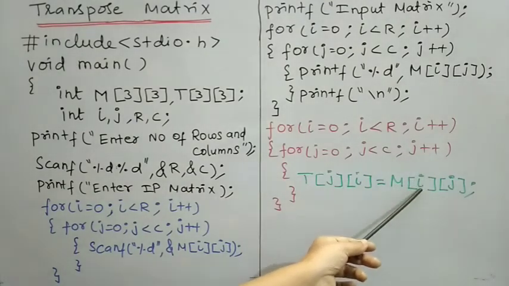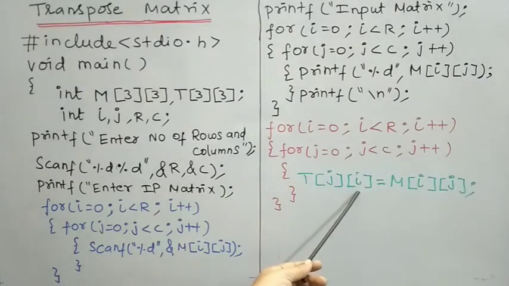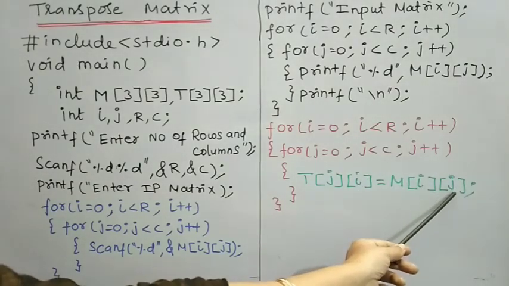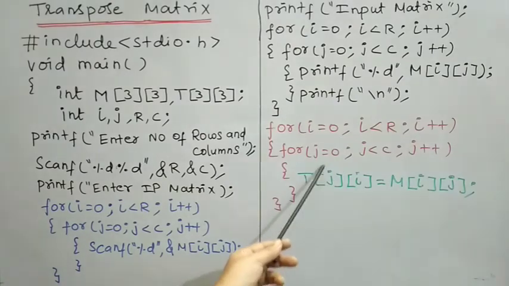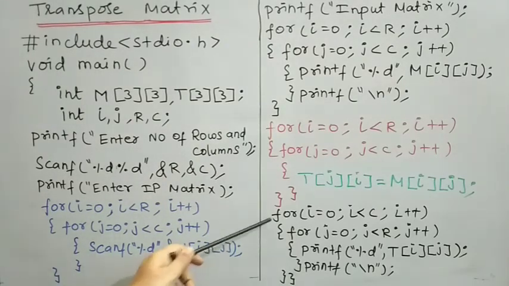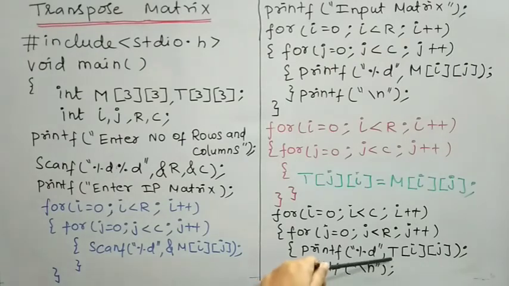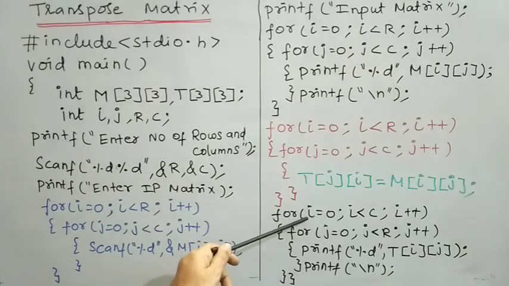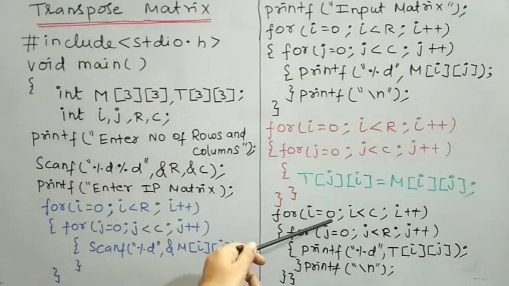The index position of row is converted into index position of column, and the index position of column in the input matrix is converted into index position of row in this output matrix T. After performing the transpose of the matrix, we are supposed to print the output matrix. So this nested for loop is to print the values of output matrix, that is T. While printing the values of the output matrix, i holds the index position of rows.